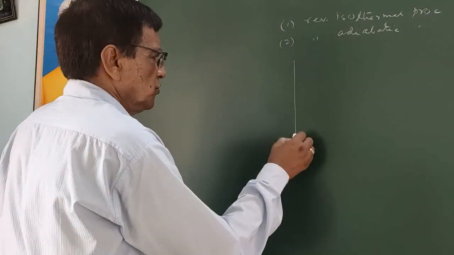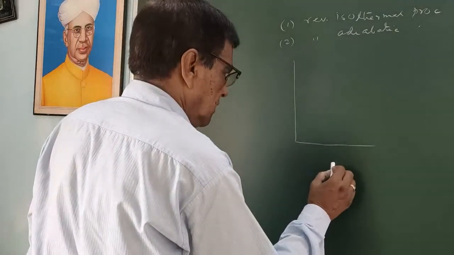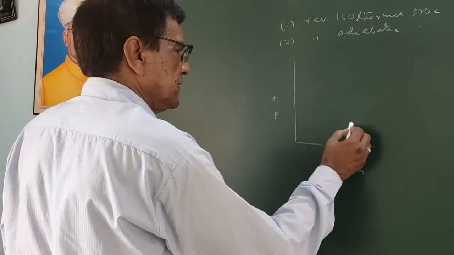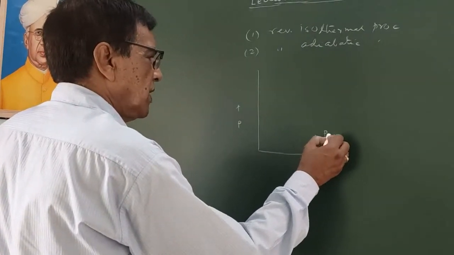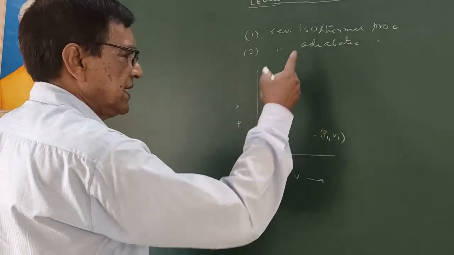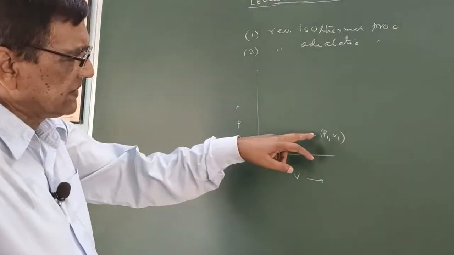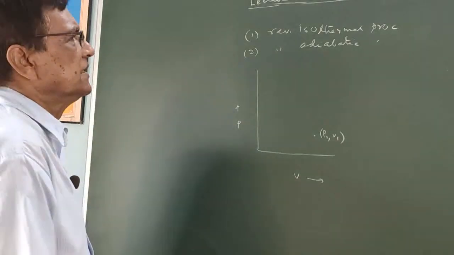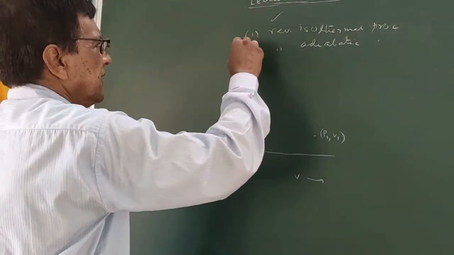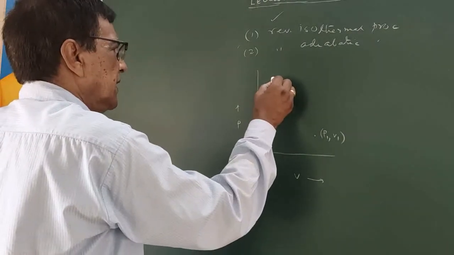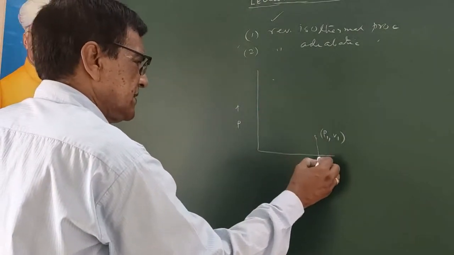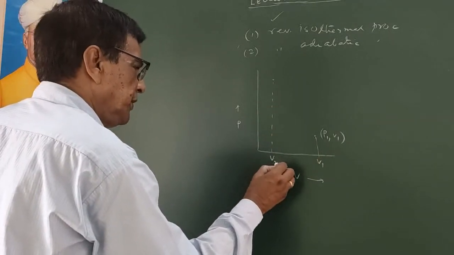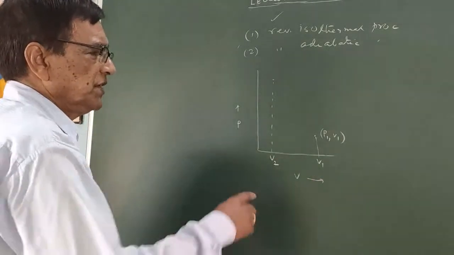Here suppose we are considering the compression, P here, and this is the initial state P1, V1, and the gas is compressed in isothermal fashion and in adiabatic process. This is V1 and this one is V2. V1 is greater than V2 in case of compression.